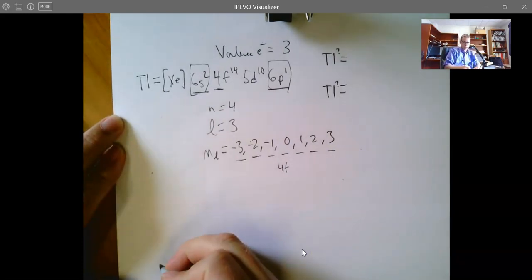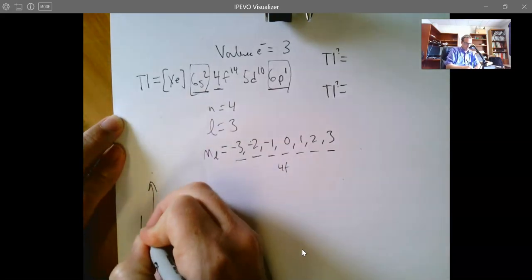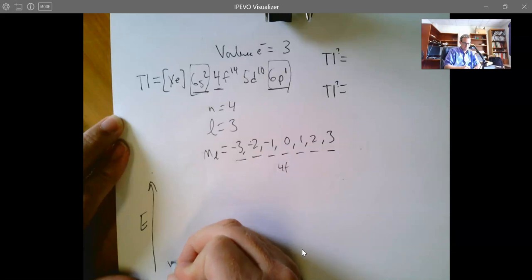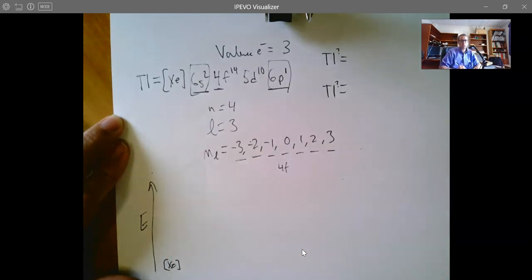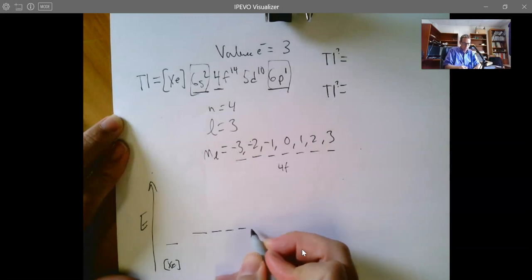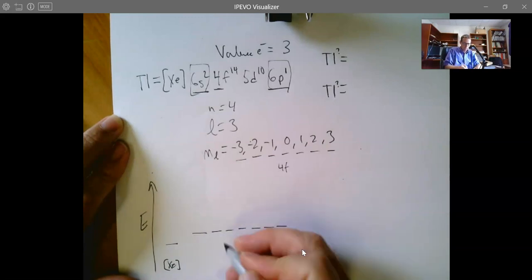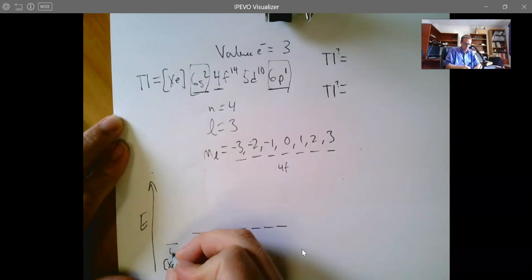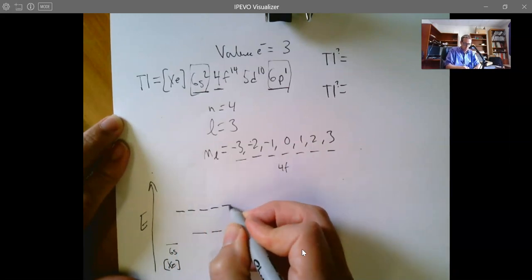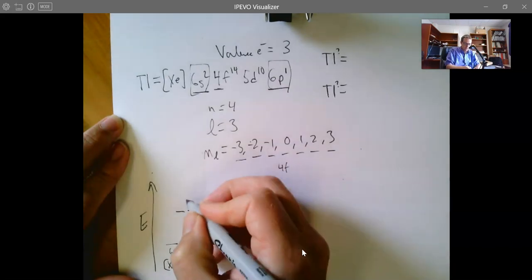If I'm going to draw an orbital diagram here, we have energy, and we have the xenon core, and then after our xenon core, 6s2, 4f14, 5d10, and then 6p1.